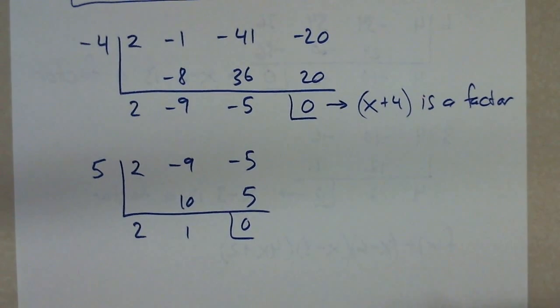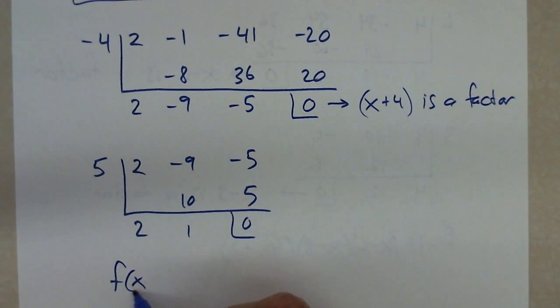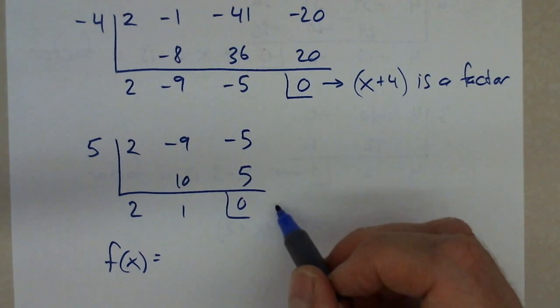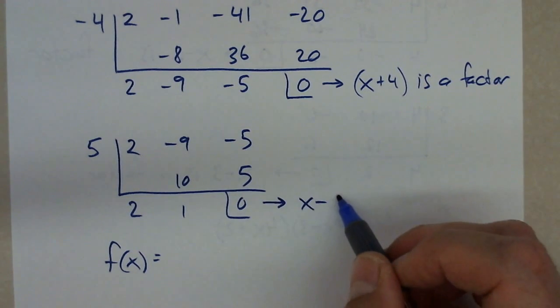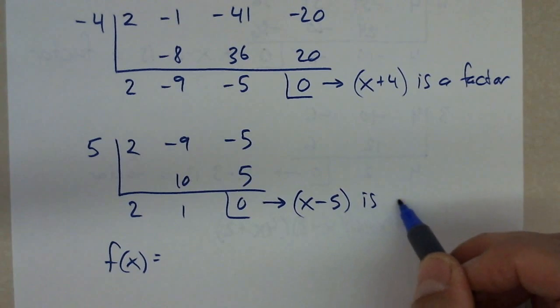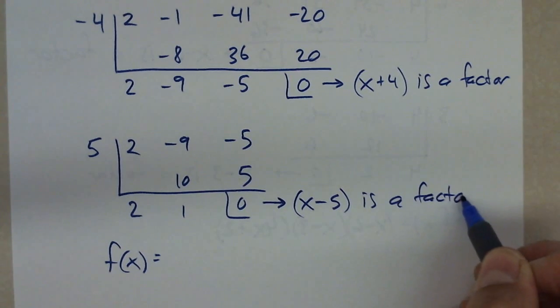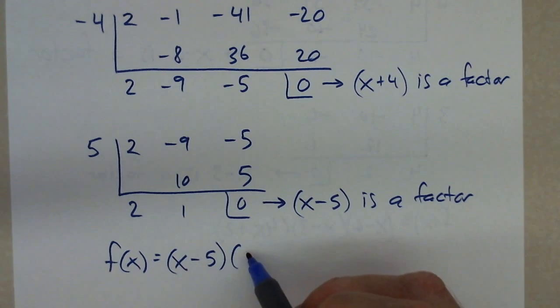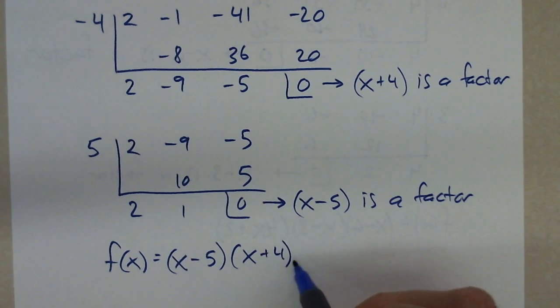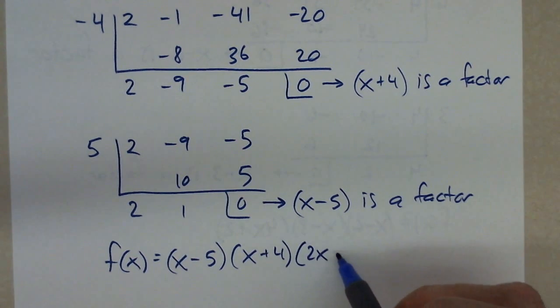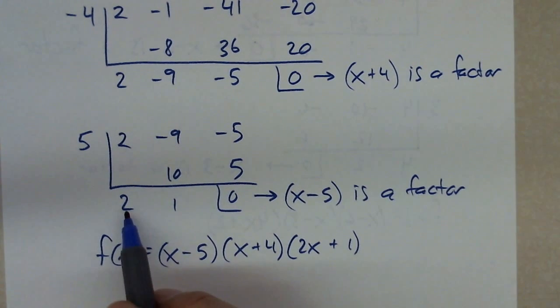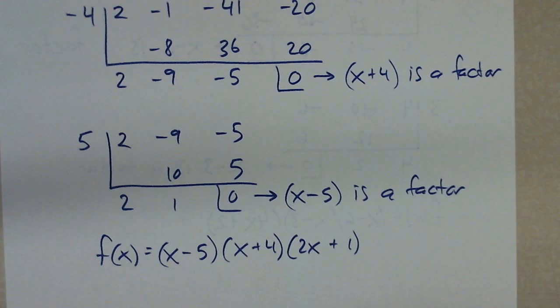And that works. So now we know that f can be factored as, x minus 5 is a factor, and we get 2x plus 1 from there, and that's factored completely.